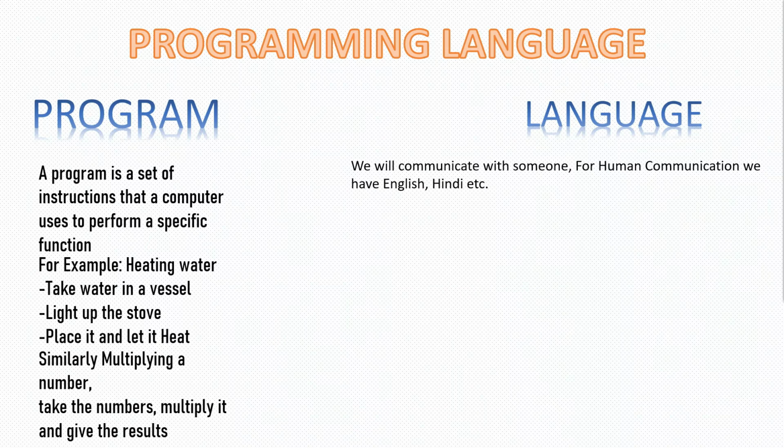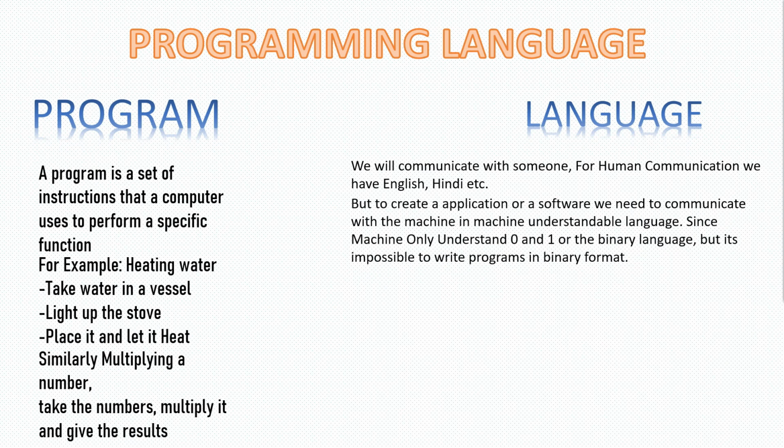Second part, the language. What is a language? Language is the medium with which we can communicate with someone. For human communication, we have many languages: Hindi, English, French, any language understandable to both. But for creating an application or software, we need to communicate with the machine in a machine understandable language.